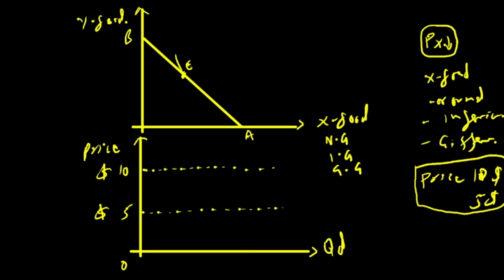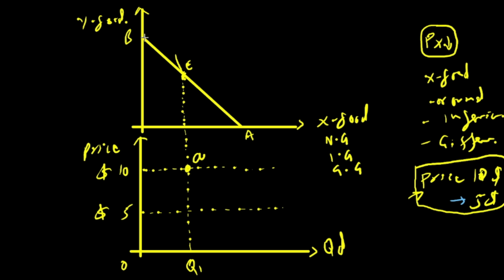So initially I'm taking combination E as the initial equilibrium point, and if we connect this point with the lower graph, then I will get quantity, let's say Q1, and we assume that initially price was $10, right? So this perpendicular intersects the $10 price at combination A, right, at point A. So I have labeled it A. And now what will be the change in the upper graph if there is a fall in price of X?